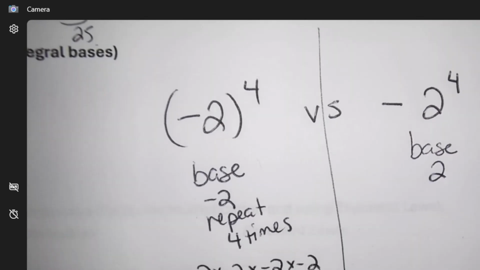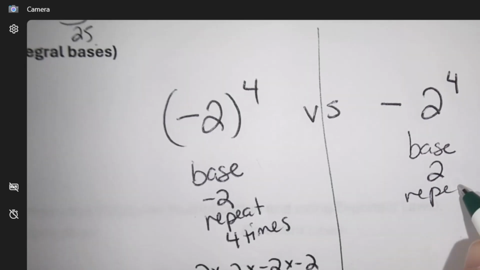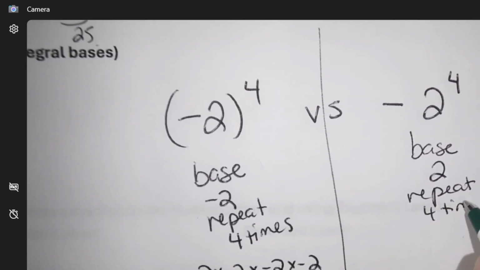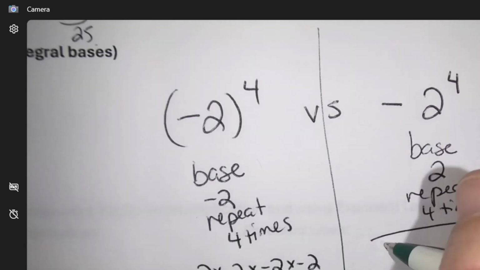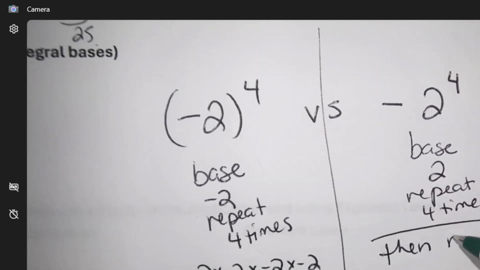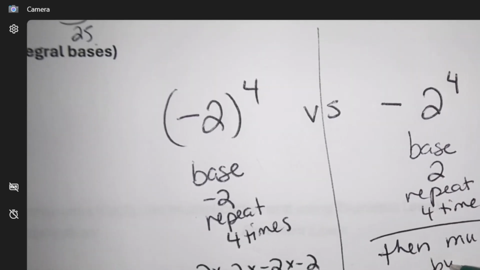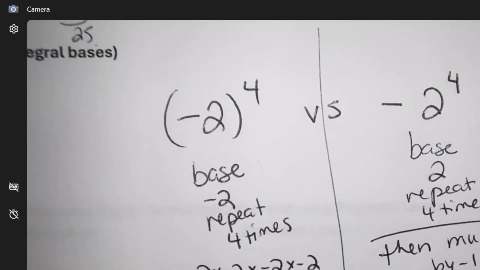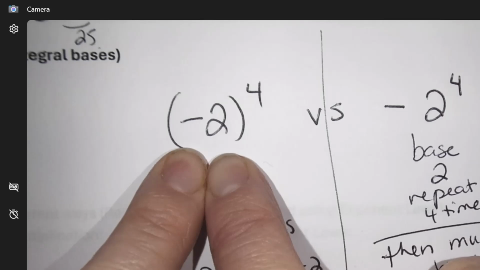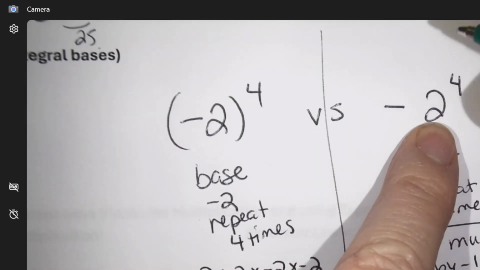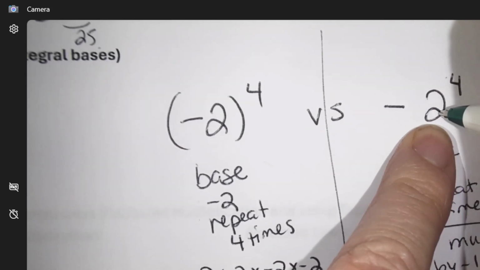Just a 2. Repeat 4 times. 16. Then multiply by negative 1. It's a BEDMAS thing, because what does BEDMAS say? If something is exponents, you have to do it before multiplication. So do you see a difference, that I'm repeating negative 2, and here the 4 is only repeating the 2?